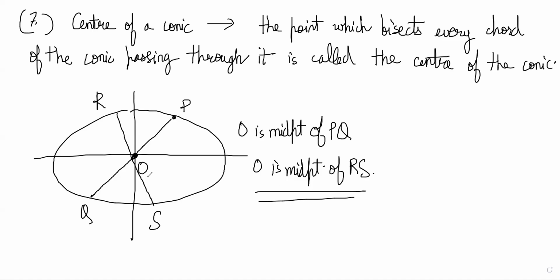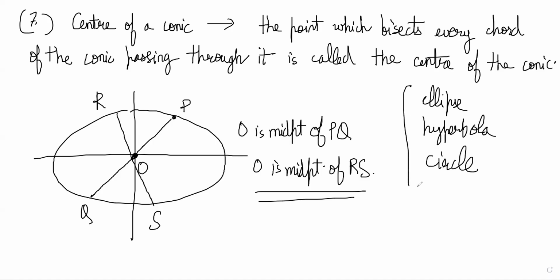In the standard situation, curves like ellipse, hyperbola, and circle all will have centers. These three conic sections have centers because the center is the point like this, or the center of the circle, or the origin in a standard hyperbola.